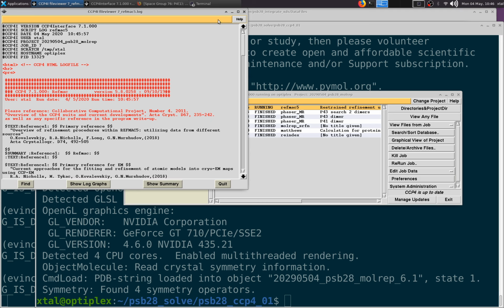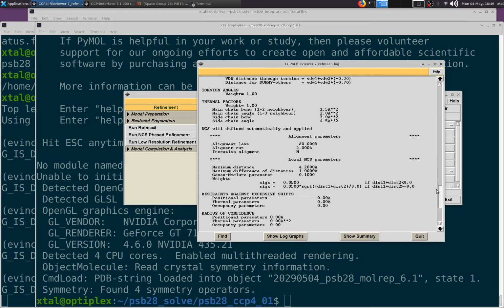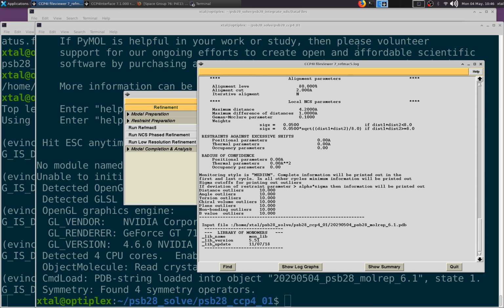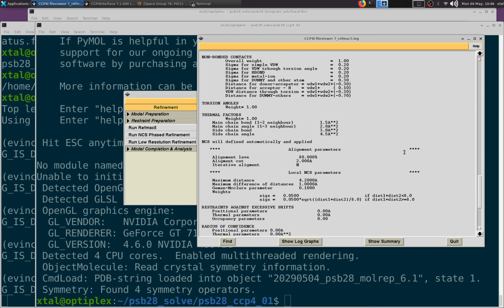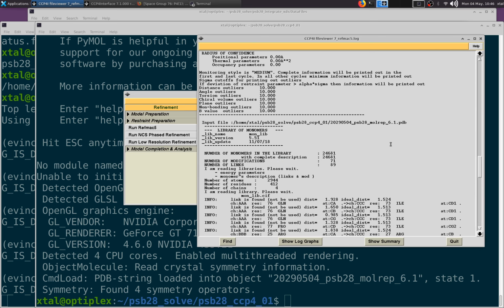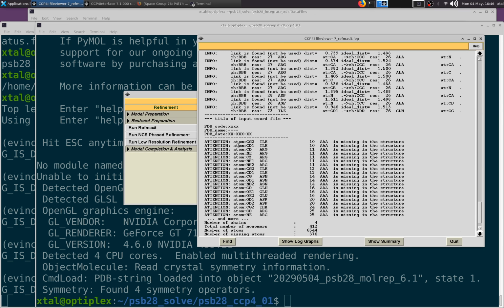Again, it's like watching a pot boiling to look at this while it's running. So it should give a whole load of errors associated with the atoms being missing because we have many incomplete residues from the model. So yeah, it's complaining about discontinuities in the structure and missing atoms.